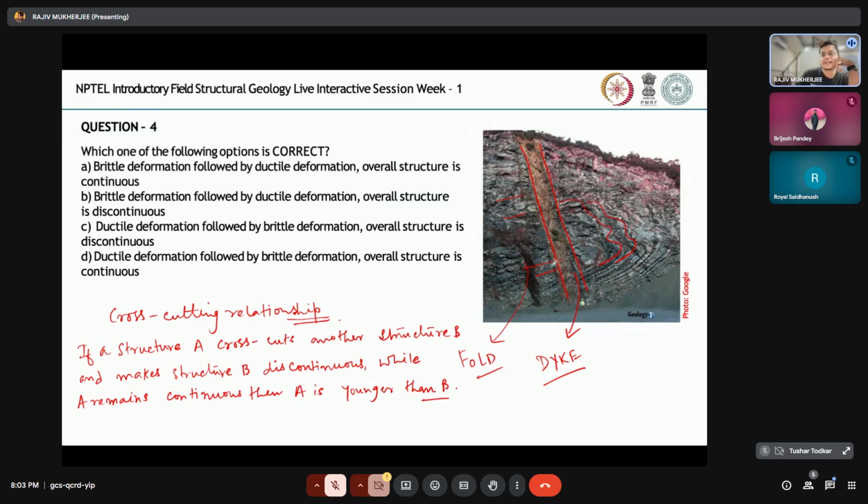So easily you can see that this dike has intruded within the fold because the dike is continuous. Within the dike there is no discontinuity. But it is generating discontinuity within the fold because you can see the layers are slightly shifted because of this intrusion of the dike, and that is why it is discontinuous.